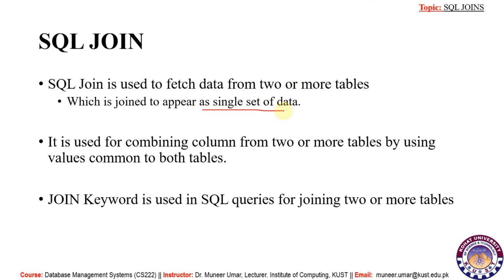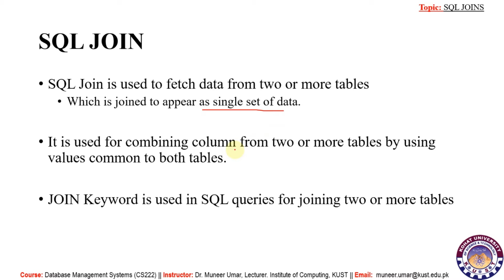It is used to combine columns from two or more tables by using values common to both tables. As I told you, when we select data from multiple tables, we also consider some values common to those tables, and the common values would definitely be under common columns.